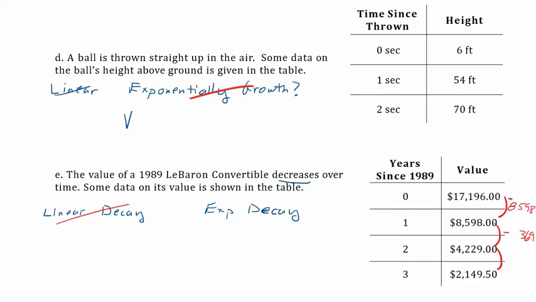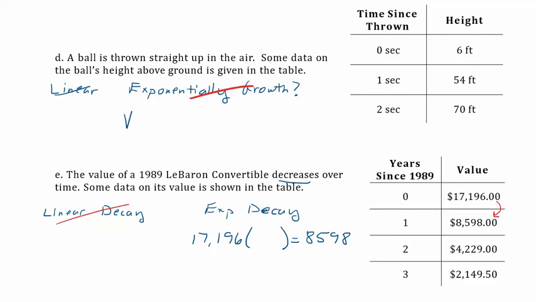I'm not even going to check the next one. Now, for exponential, we have to think about, is there something I could multiply 17,196 by to get 8,598? Well, there is something I could multiply it by, but I have to figure out what it is. This is a little bit tricky.